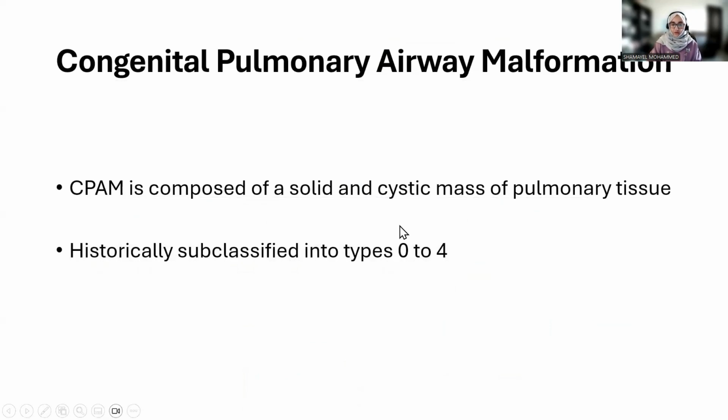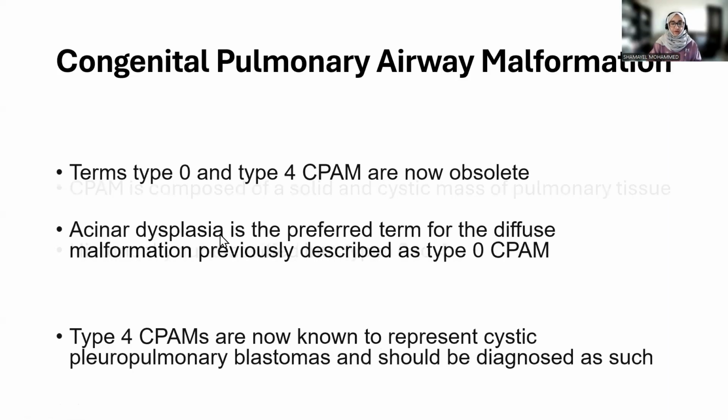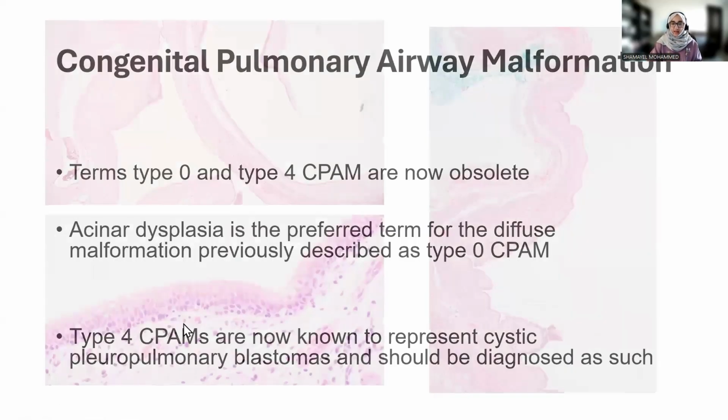These are composed of solid and cystic mass of pulmonary tissue, historically subclassified into 5 categories from 0 to 4. However, type 0 and type 4 are now obsolete. Type 0 is referred to as SNR dysplasia, and type 4 should be considered as pleuropulmonary blastoma.